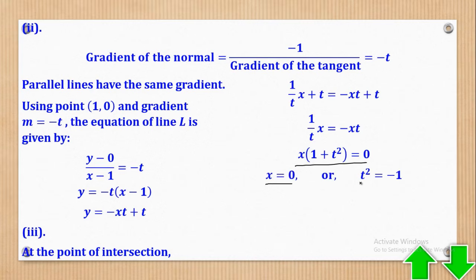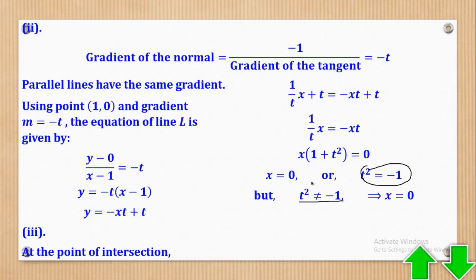Then either x is that or this is that. If you just cancel, it means that you will have missed this part of x equal to 0, which is not okay. But we know that this one can never be equal to negative 1, because the square root of a negative is impossible or is complex. Therefore what we take is this one, which is x equal to 0.